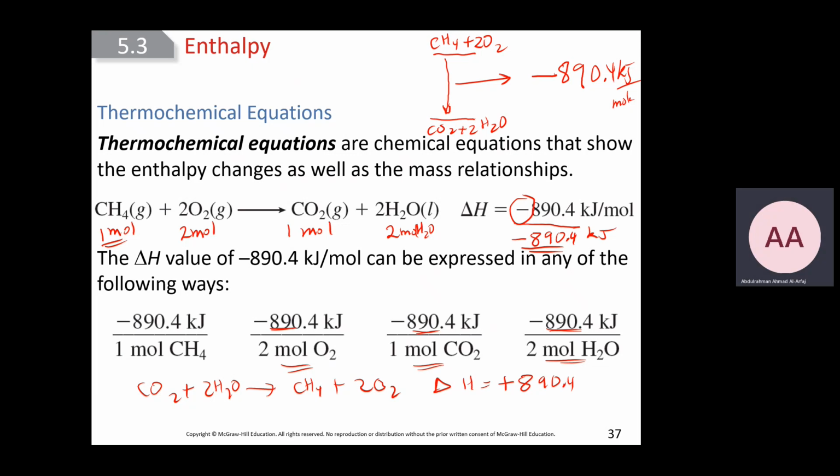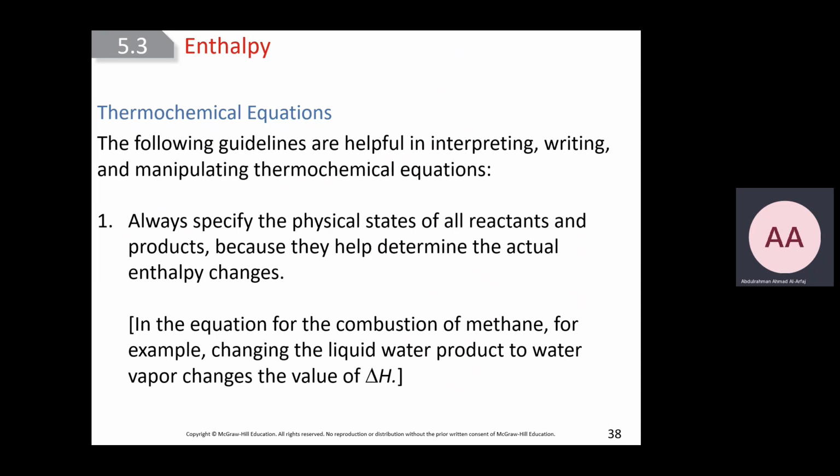And if I multiply everything by 2, for example, I want 2 CO2 plus 4 H2O to give me 2 CH4 plus 4 O2, then delta H will be twice the amount of this one, and of course it is plus because I did not change the reaction direction, so it will be plus 2 times 890.4. I wish you understand this.